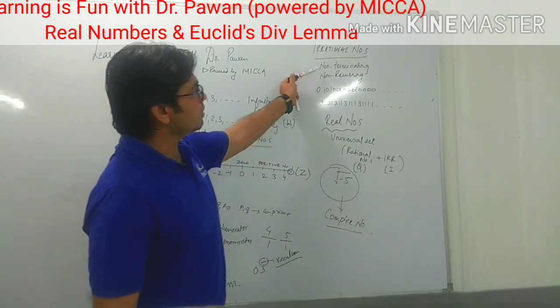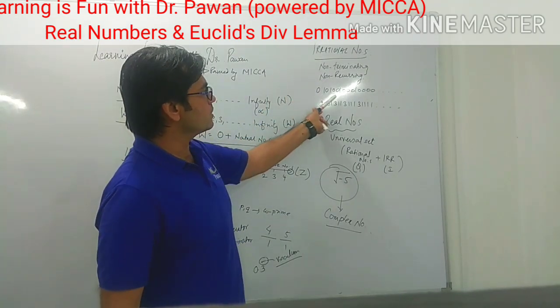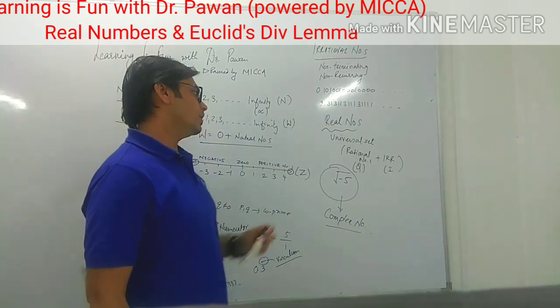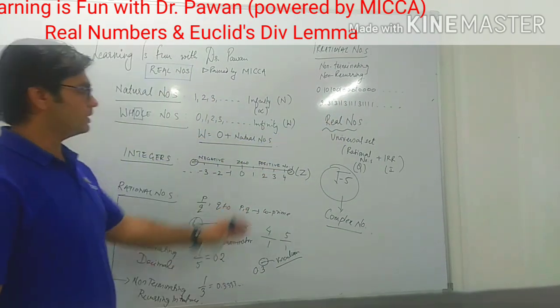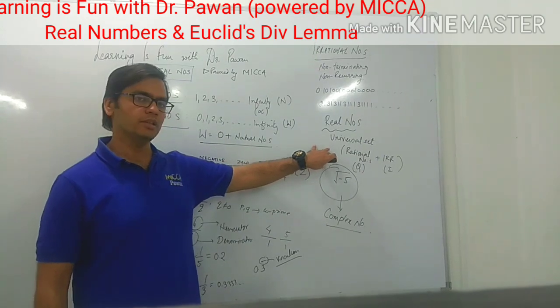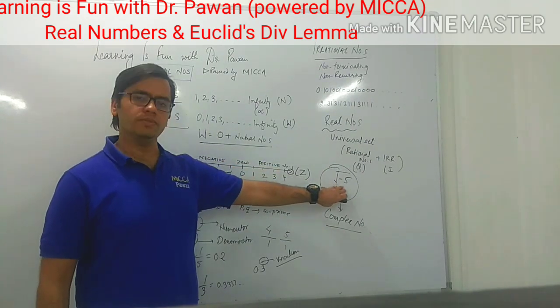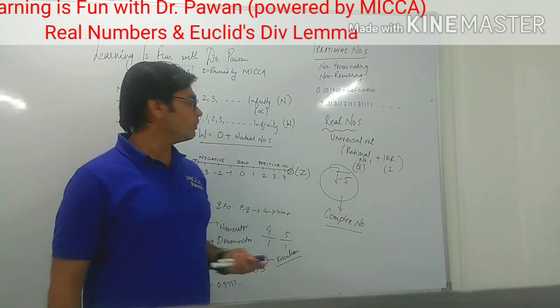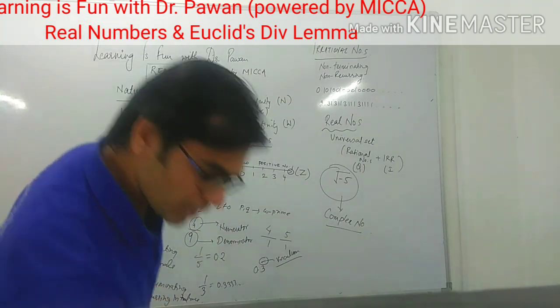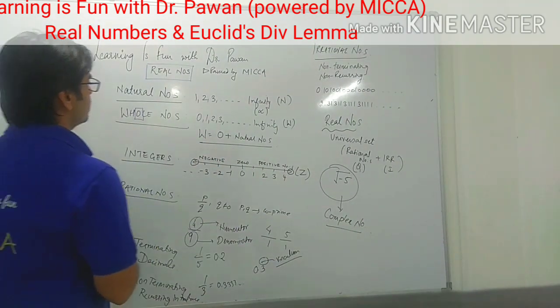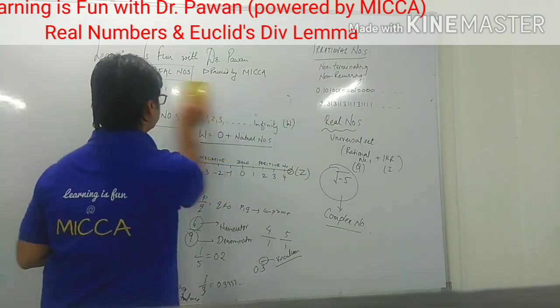Irrational numbers which are non-terminating, non-recurring in nature like this. And then real numbers, which is a set of all these numbers, it's like a universal set barring root of negative numbers. Okay, so we now move to another topic, which is Euclid's division lemma.